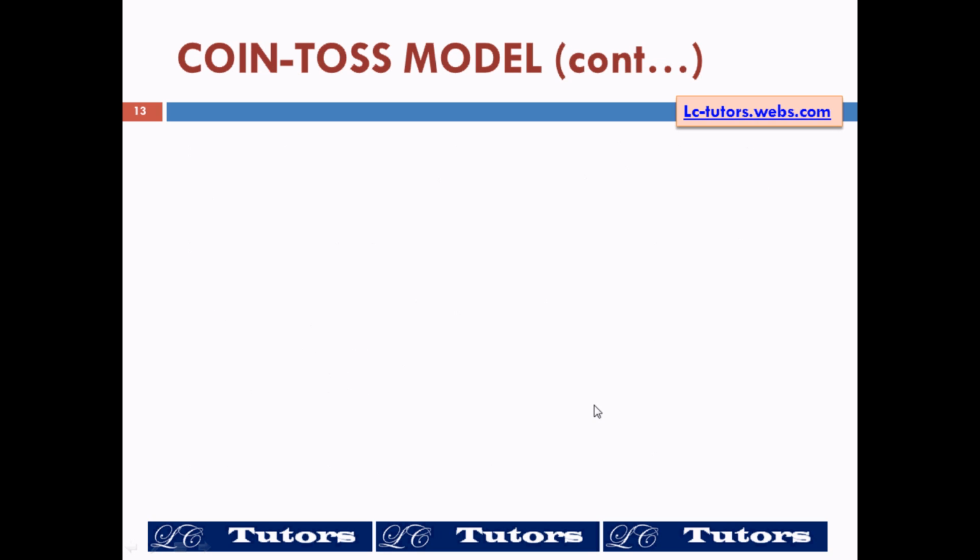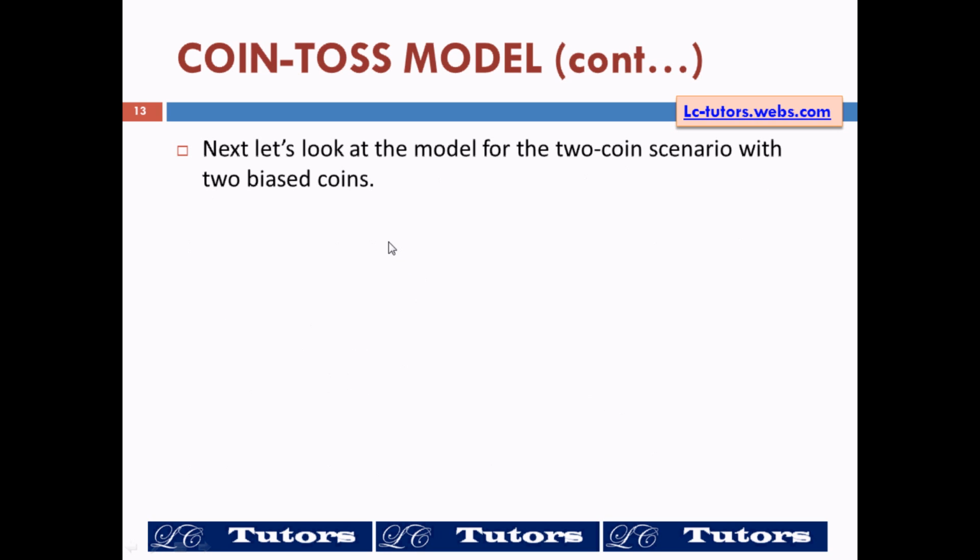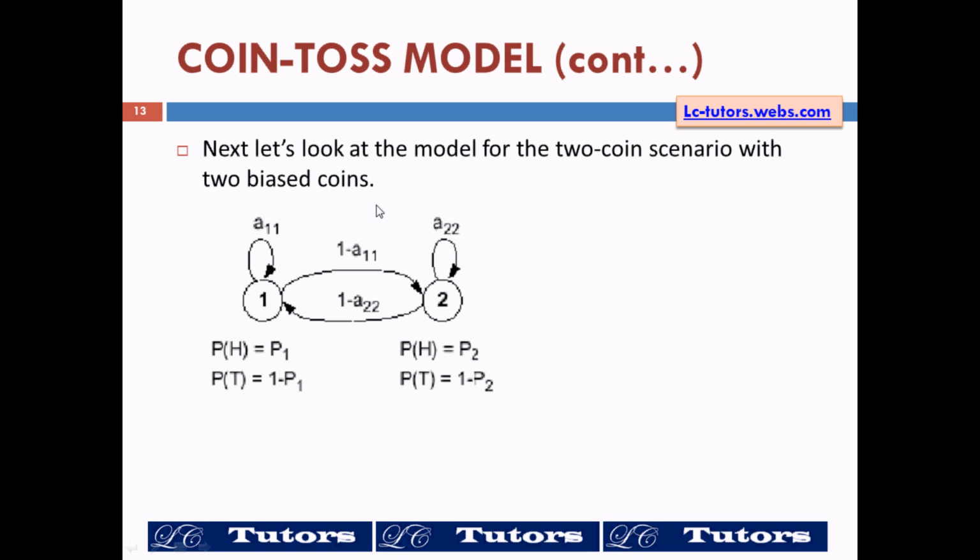Okay, let's proceed further and look at a two coin model. That means behind the curtain there is a person who is tossing two coins. In this particular case, we can assume that state 1 is coin 1, state 2 is coin 2, and therefore there are four unknowns here.